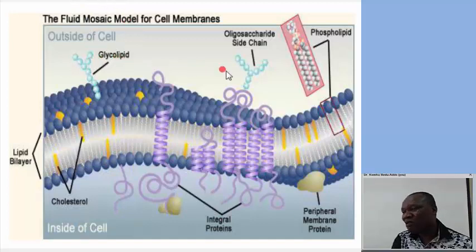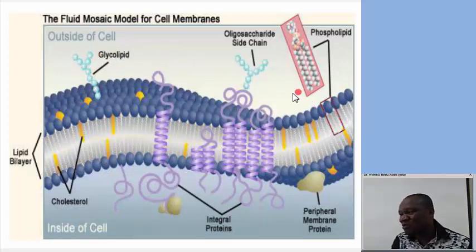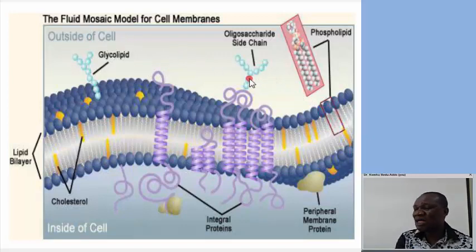This carbohydrate coating on the surface of the cell membrane is called glycocalyx. The carbohydrates, as you've seen, are not found in the cytoplasmic end of the lipid bilayer. They are found at the extracellular end. So we have a carbohydrate here, which will form a coat on the surface of the plasma membrane. And this coat of carbohydrate is called glycocalyx.